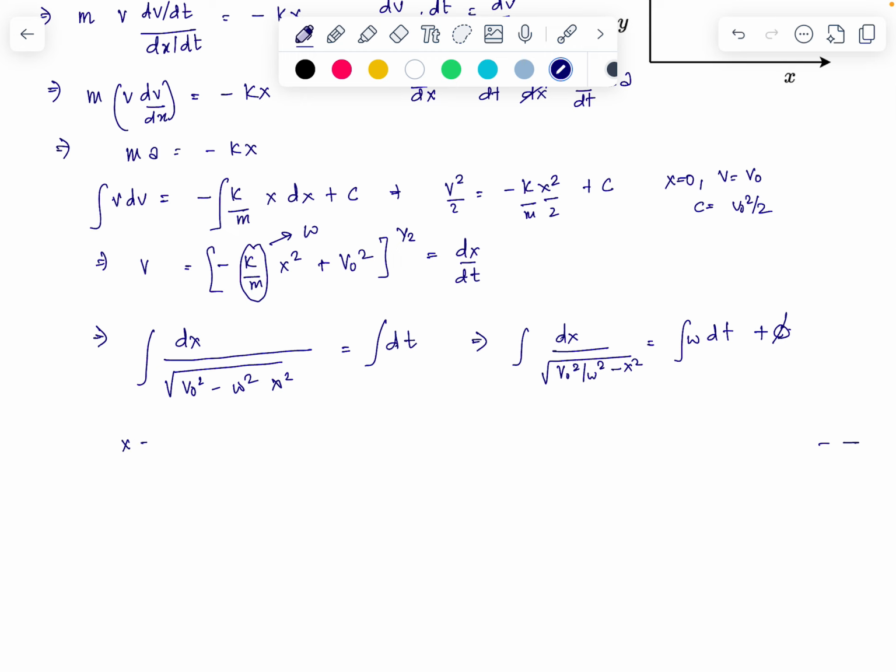Now we make this transformation: x equals v0 divided by omega times sine theta.